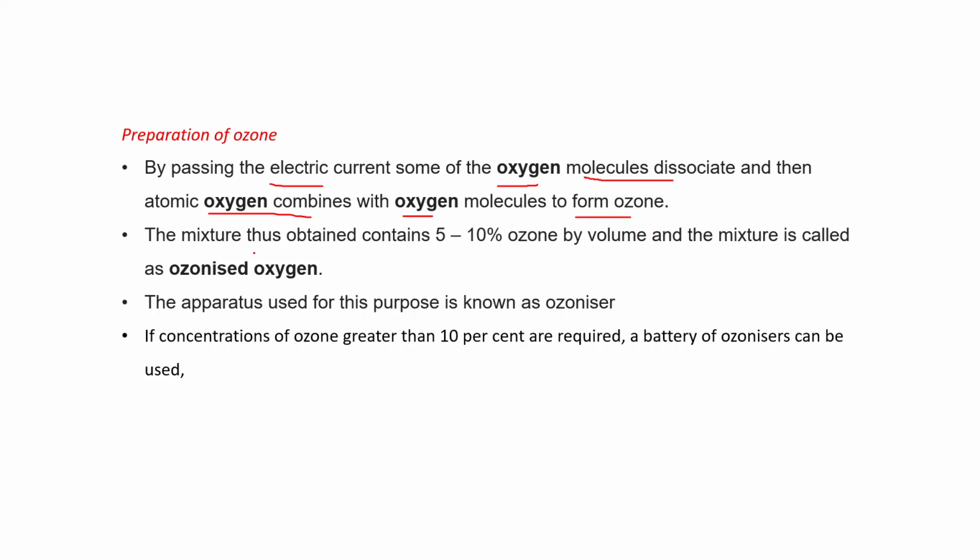The mixture thus obtained contains 5 to 10% ozone by volume, and the mixture is called ozonised oxygen. The apparatus used for this purpose is known as an ozonizer. If concentrations of ozone greater than 10% are required, a battery of ozonizers can be used.